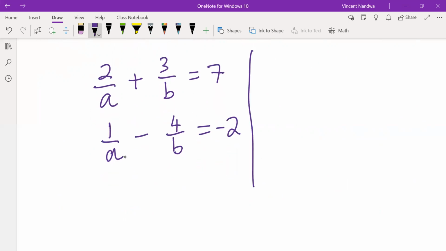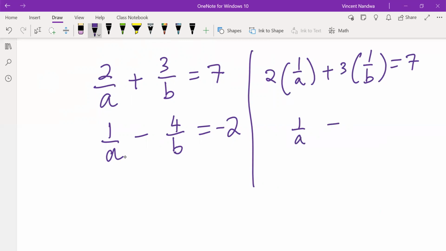So in similar fashion, we can write this one as 2 into 1 over a plus 3 into 1 over b equals 7, 1 over a minus 4 into 1 over b equals minus 2. And then do some fixing.